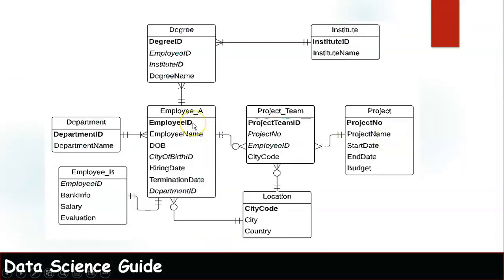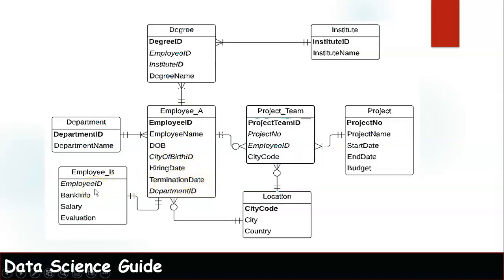The first business rule said we should add another table for employee to contain only the confidential data. So that's why we called the main one here employee A, and we added another one and we called it employee B. In employee A we have the general information like employee ID, employee name, date of birth, city of birth, hiring date, termination date, department ID.